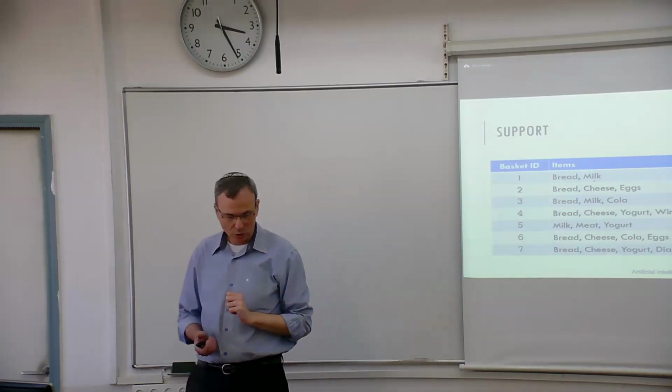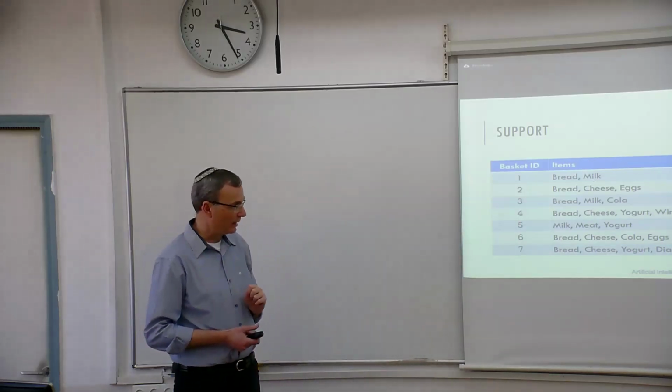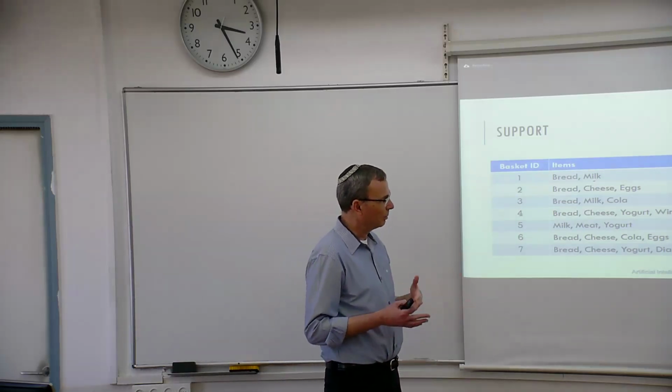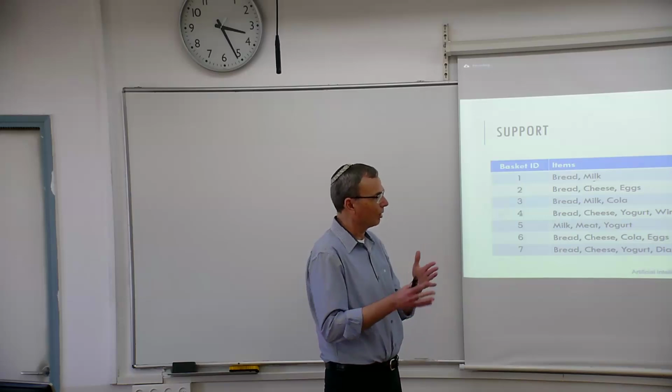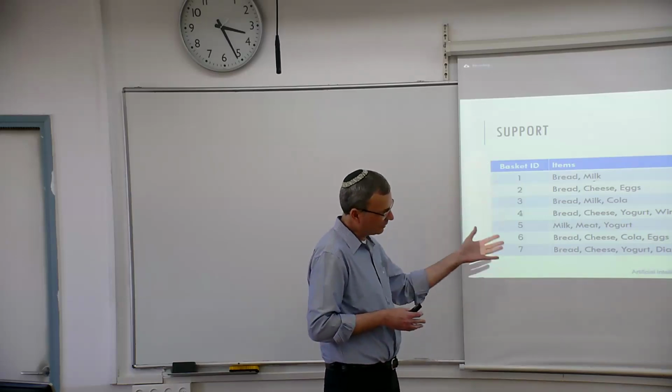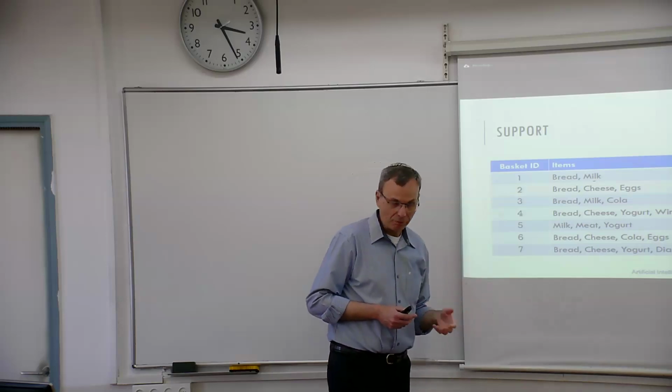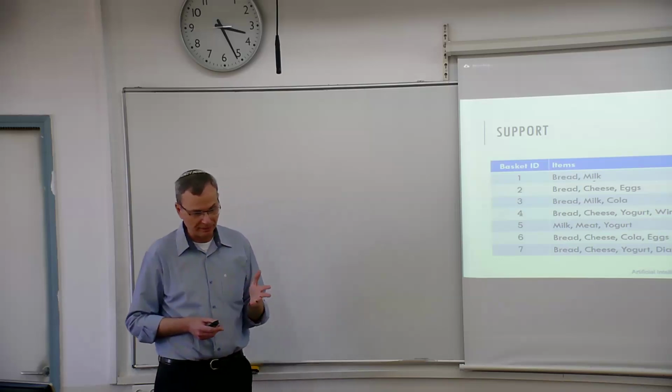And in the same manner, we see that bread and milk appear only 2 times. So if we started by asking ourselves, do people who buy bread also buy cheese or milk? We see, at least in our data set, that they more frequently buy cheese with bread and not milk with bread. This is the first way to look at it, and it's called the support.